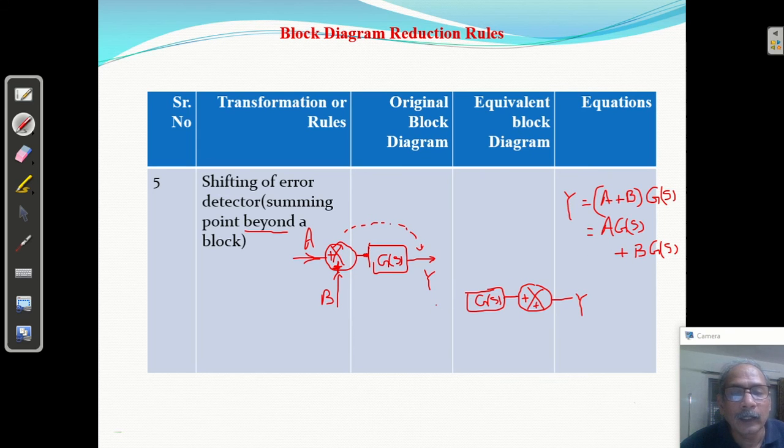A into G of S. Here you will get A into G of S plus B into G of S. What was here? It was B, right? B into you want G of S. So if you know the equation, you can modify it. We have shifted this error detector beyond the block.